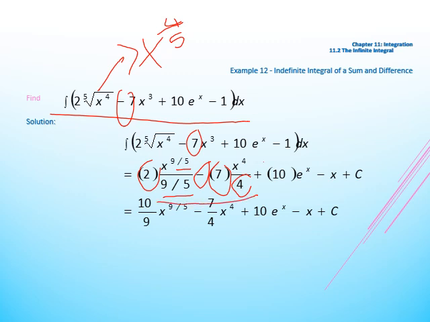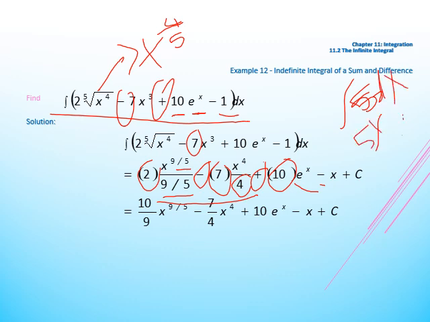Then the plus sign remains the same and the constant remains the same, and here the integration of e to the power x is equal to the same, e to the power x, not changing anything. And finally, negative 1 gives negative x, because we already got x in the first example, where the integral of 5 dx was equal to 5x plus c.